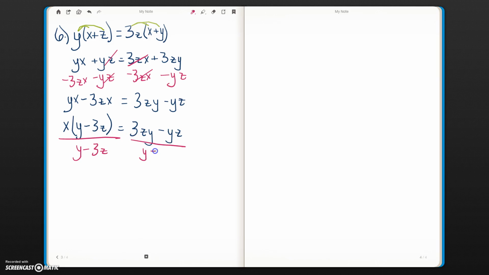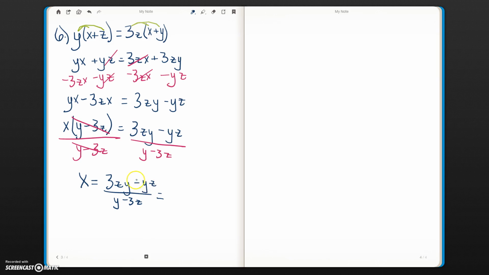This cancels. And what am I left with? Well, I'm left with x equals 3zy minus yz divided by y minus 3z.